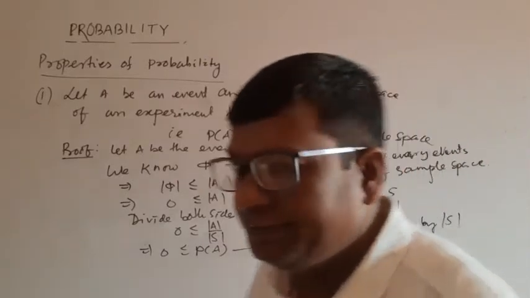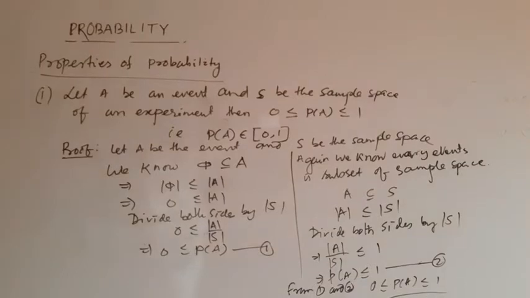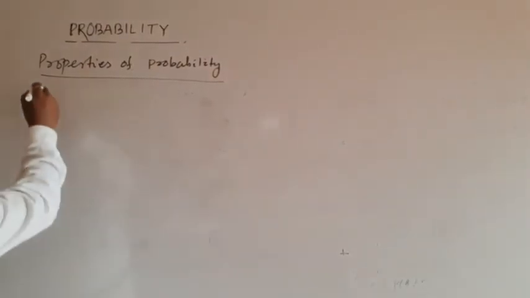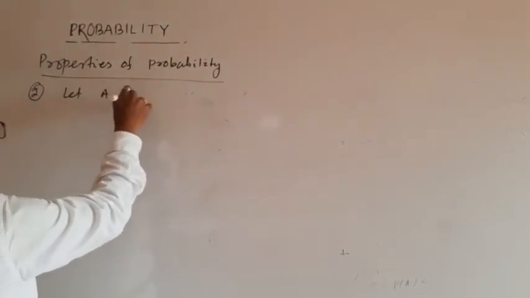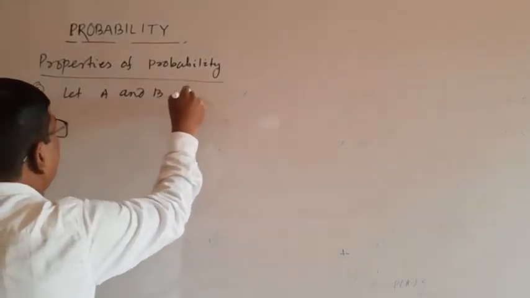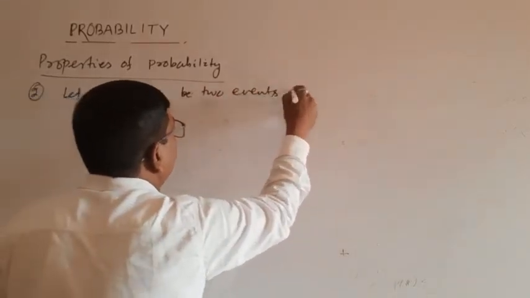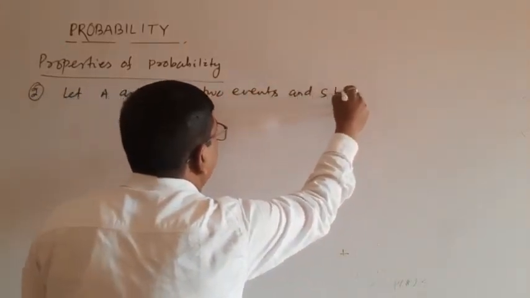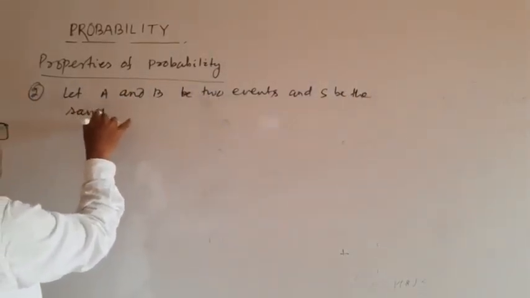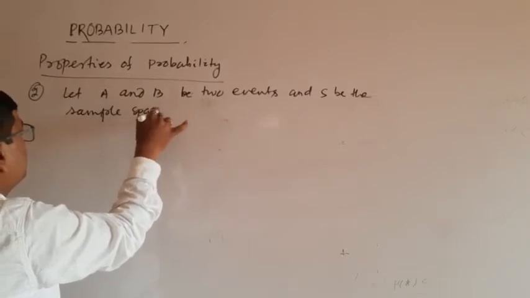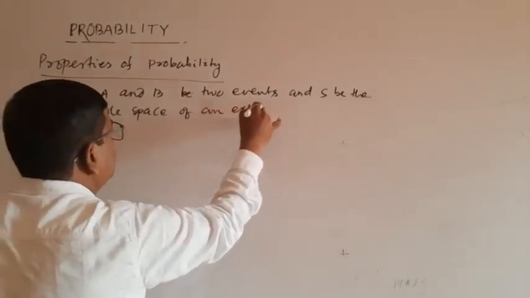Now another property, property number 2. Let A and B be two events and S be the sample space of an experiment.